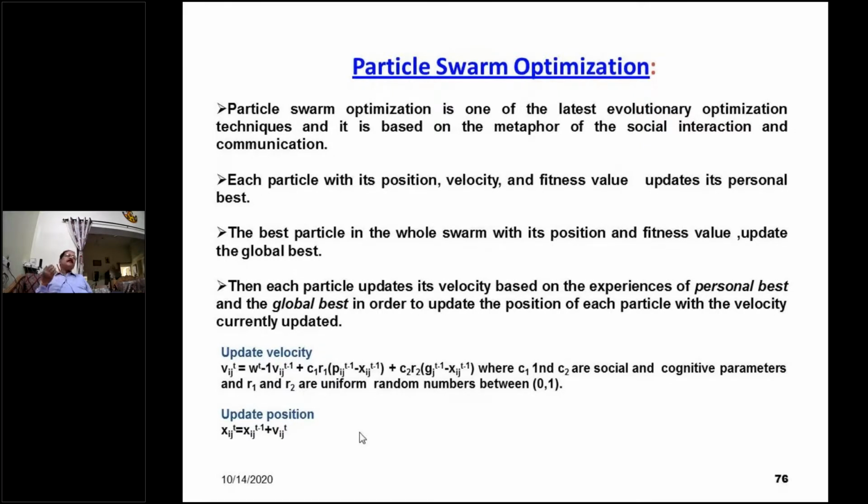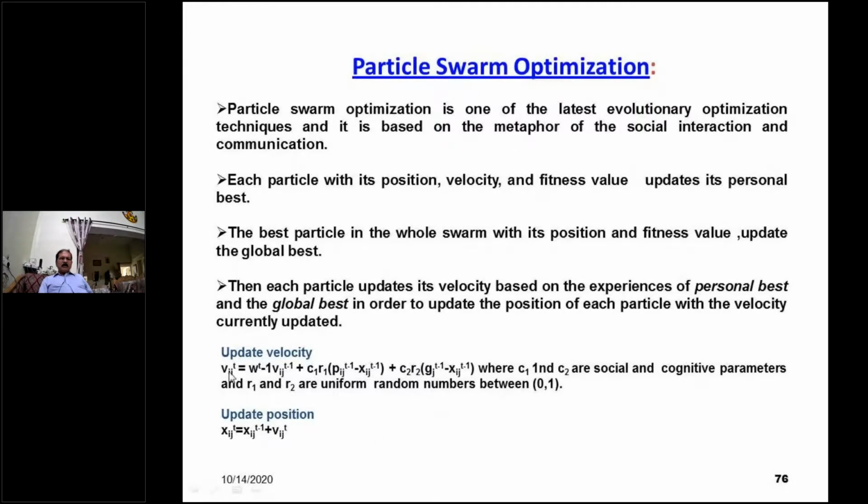So if there are three variables, we can think of the coordinates x1, x2, x3 of the bird's position as three variables. If you consider multiple variables, you think of a multidimensional space. Then the bird changes their velocity as they move. Velocity is being changed, and their position is also being changed.